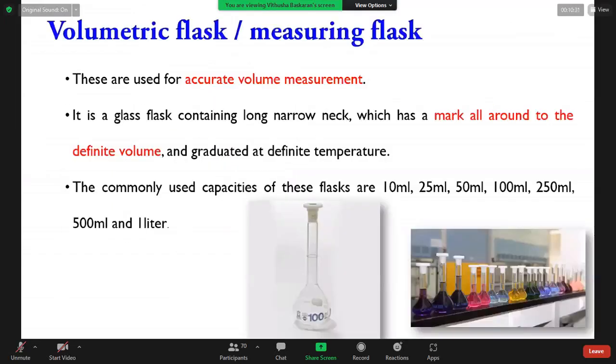So first we will look into the volumetric flask. And this volumetric flask is made up of glass, which has a long narrow neck and the bottom is a swollen part. Okay. And this is used for accurate volume measurement. We can measure a definite volume.